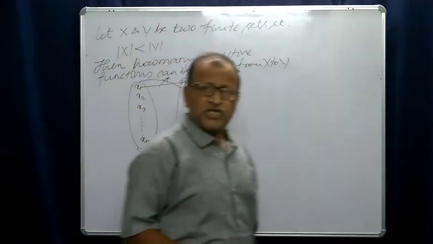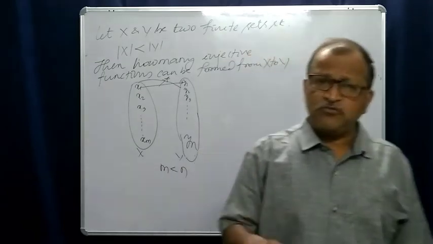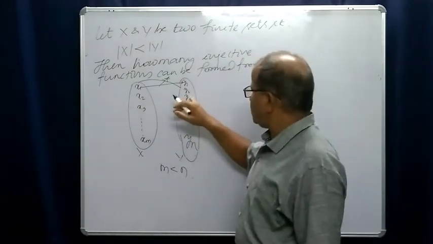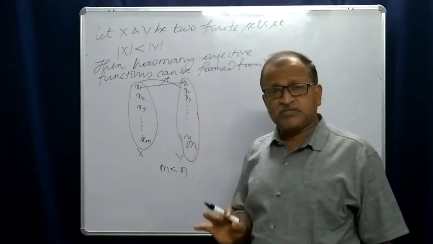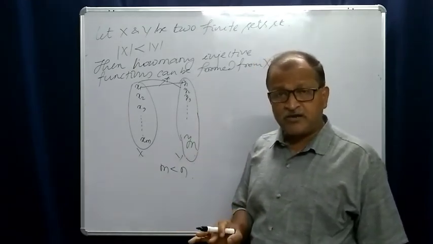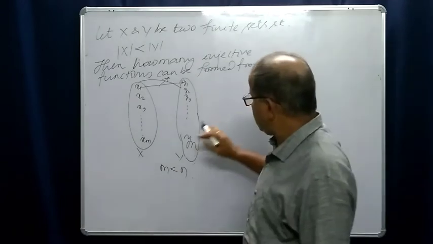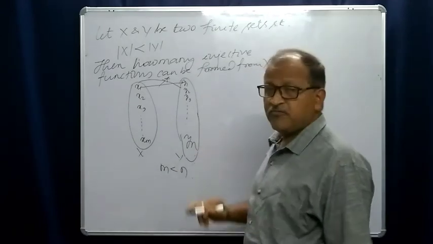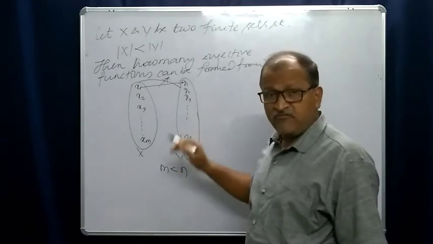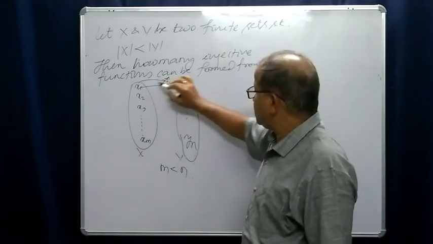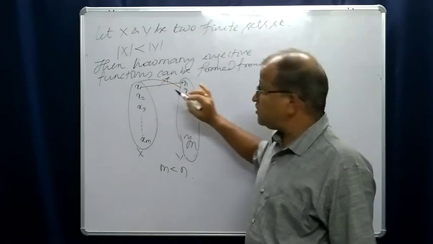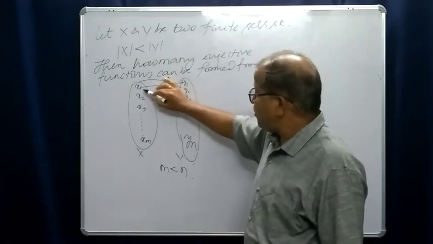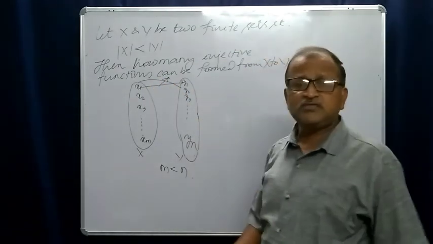Of course, we can relate x1 with y2 or x1 with y3, x1 with y4. Thus x1 can be related to an element of y in how many different ways? N different ways. We can relate x1 with y1 or y2 or y3, like this up to yn.